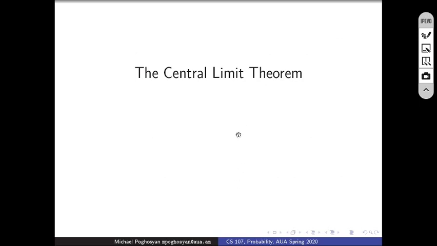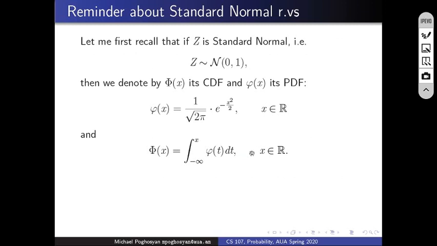Let's talk about the central limit theorem. First, a reminder about standard normal random variables. Assume Z is standard normal, then we denote by capital Phi the CDF of that standard normal, and by small phi the PDF. So this is the PDF for standard normal with 0, 1 parameters, and the CDF is just the integral of this.